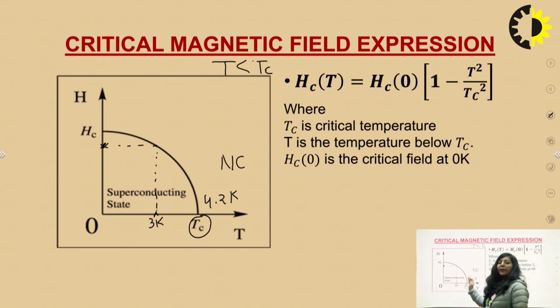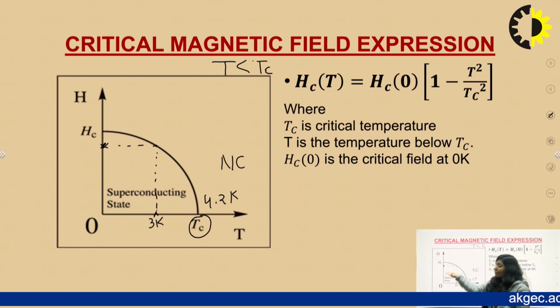Between 0 and Tc, you have different values of critical magnetic field for a certain superconducting material. For example, you can see here at 0 Kelvin, the amount of critical magnetic field which you require to change the state of material is maximum between 0 and Tc. And at critical temperature, you do not require any magnetic field to change the state of material.